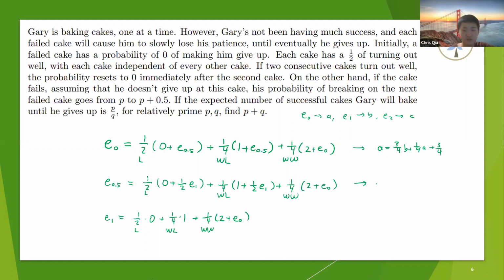The second equation is going to become B equals 3/8 C plus 1/4 A plus 3/4. And our last equation is going to become C equals 1/4 A plus 3/4.